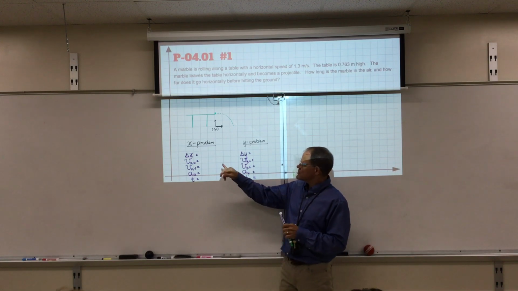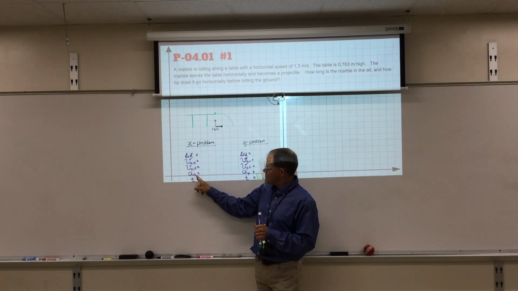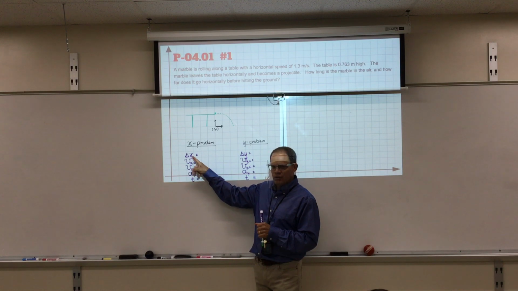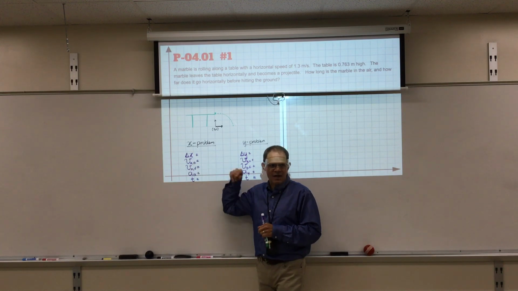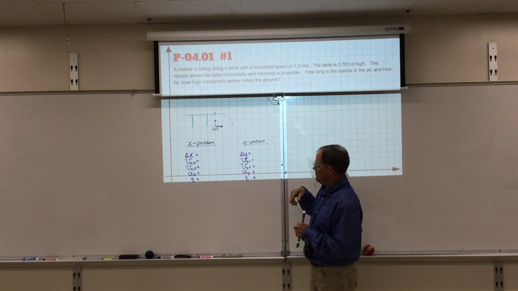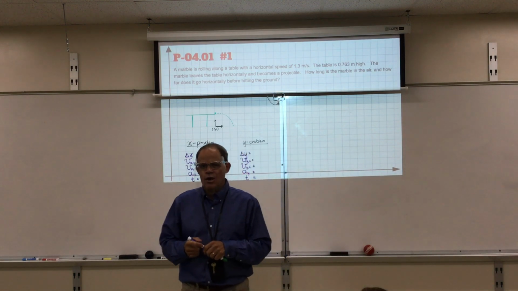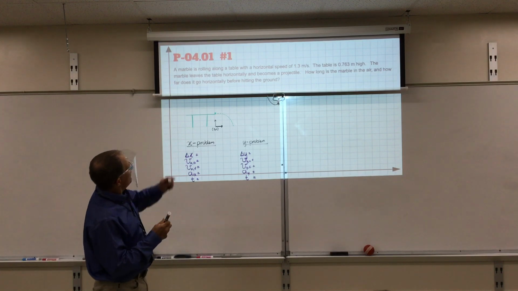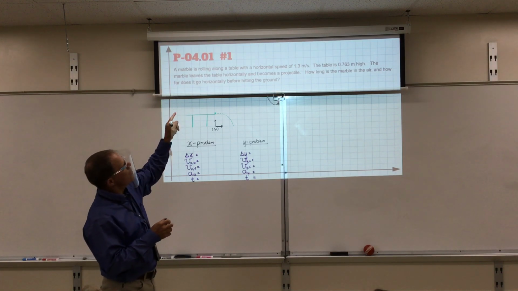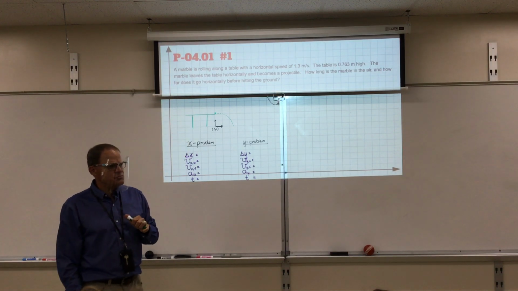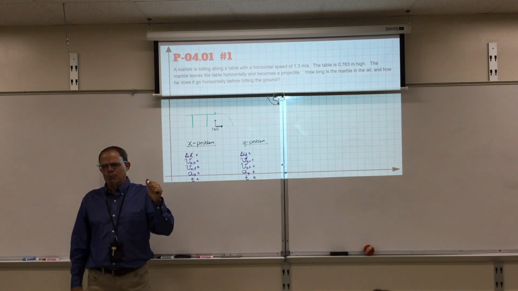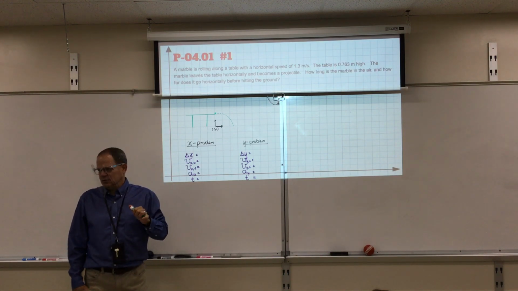Please notice we have subscripts for the x problem. We have a subscript of x on all of them, except delta x, because that's obvious it's x. Okay? All right, so now what we're going to do, once we make our variable list, is try to decode the problem. A marble is rolling along the table with a horizontal speed of 1.3 meters per second. What is the 1.3 meters per second?